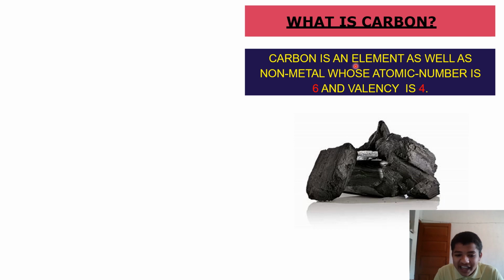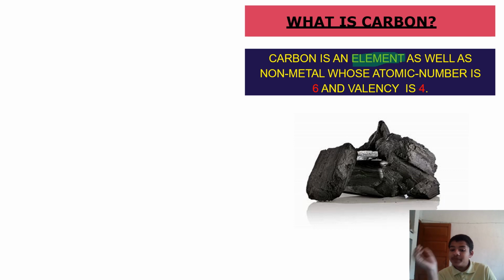Carbon is an element as well as a non-metal whose atomic number is 6 and valency is 4. Now let us understand what it is trying to say. Carbon is an element. What is an element? An element is any substance that is made up of only one type of atom.